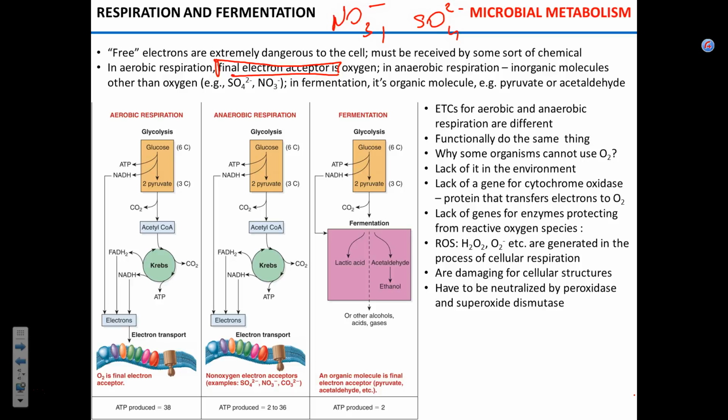Does that make sense? So they will be reduced. Nitrate will be reduced to nitrogen. Sulfate will be reduced to elemental sulfur or to hydrogen sulfide. But the point is, if nitrate, sulfate, carbonate are electron acceptors, do you need oxygen?